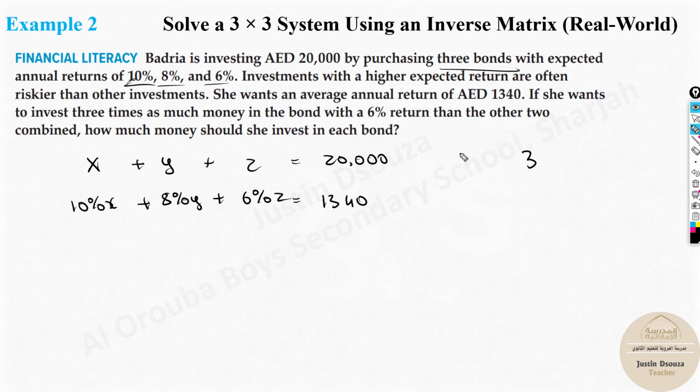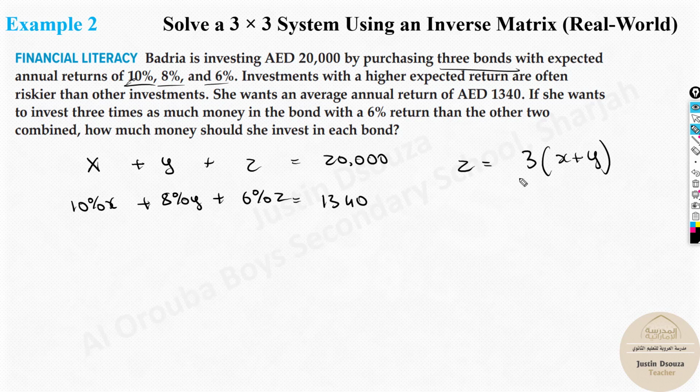So z is the 6% bond, the third one. z will be equal to 3 times the other two combined, x plus y, because she's investing 3 times as much money in the 6% bond as in these two combined. That's why they have also mentioned that the higher the expected return, the riskier, more volatile it is, whereas lower returns would be safer and more secure.